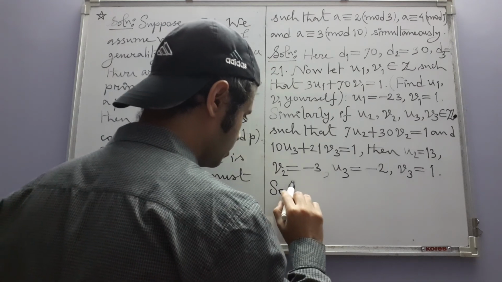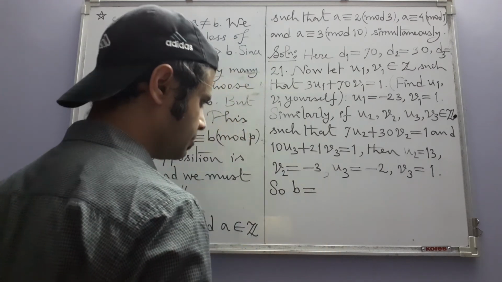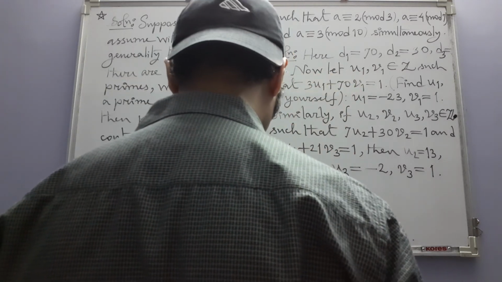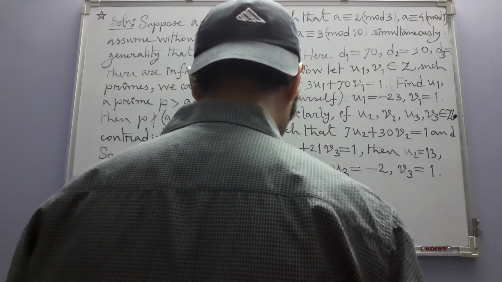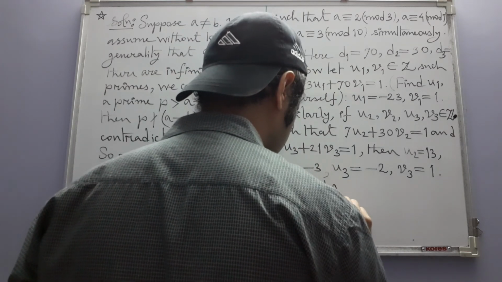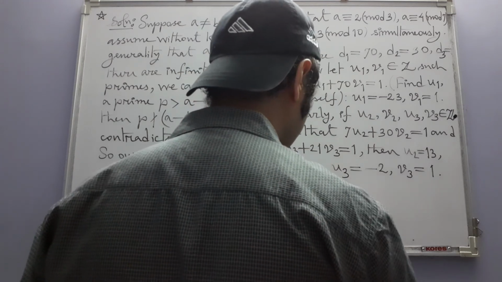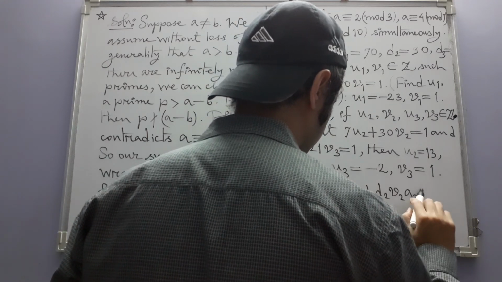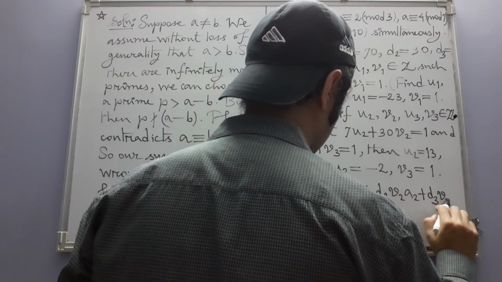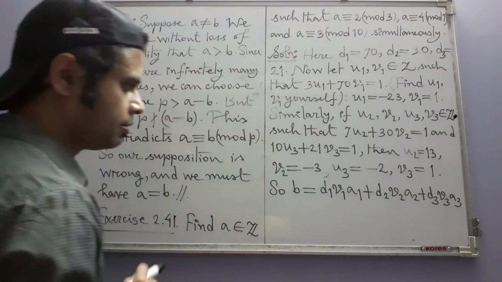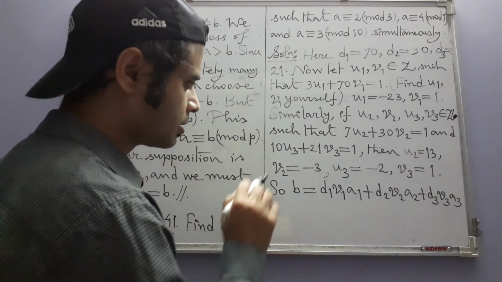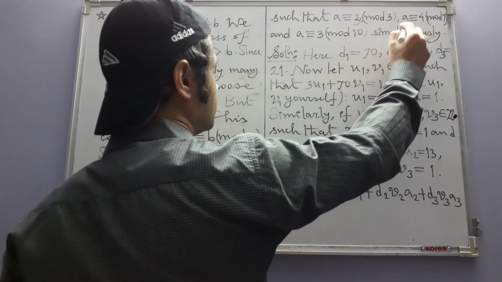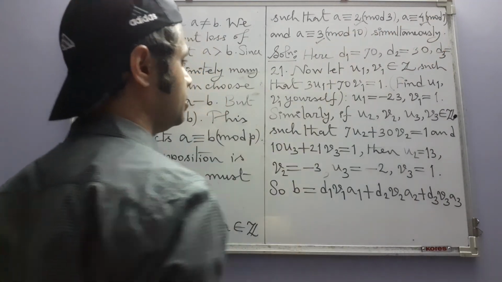So the integer that we are seeking, let us call that b, although we have been asked to find a, but let's just call this b. This is d1 nu1 a1 plus d2 nu2 a2 plus d3 nu3 a3, and according to the notation we see in the statement of the Chinese remainder theorem, a1 is 2, a2 is 4 and a3 is 3.